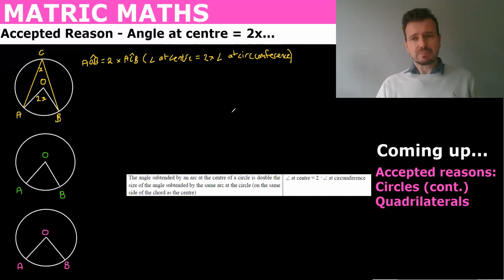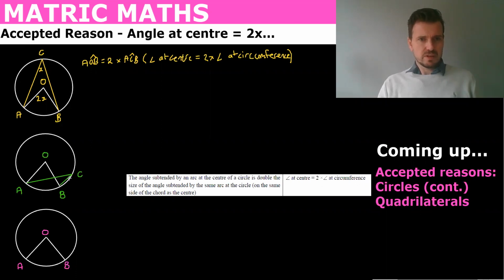Now, you can actually move this C anywhere along the circle and you can still use this. So let's say that I moved C to here. We'll do it in green. Well, this is another way of seeing it.